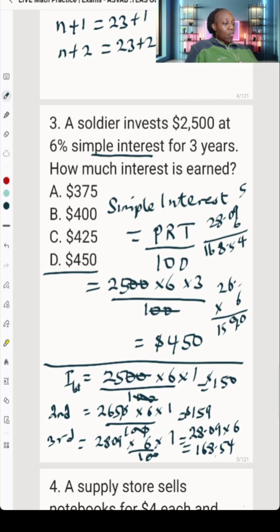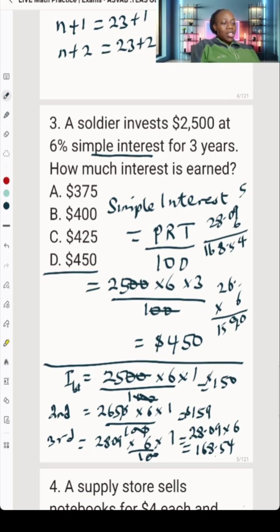So now, if you want to know the whole interest for the 3 years, it's going to be the addition of 150, 159, and 168.54, and that will be more than 450. Simple interest will just be 450 the way we calculated it, but if it is compound interest, it's going to be yearly interest based on a new principal every year, because interest will be added every year to the principal to calculate the interest for the next year.